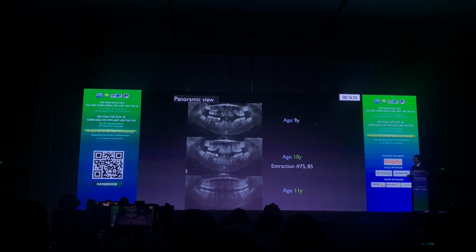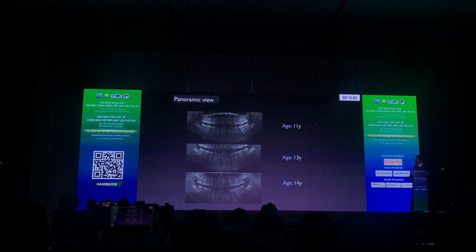When the patient was 10 years old, we decided to extract the primary molar. At this age, we extracted the primary molar, and within one year, most of the space closed. It's very fast. Normally, one year later, 50% space closure.